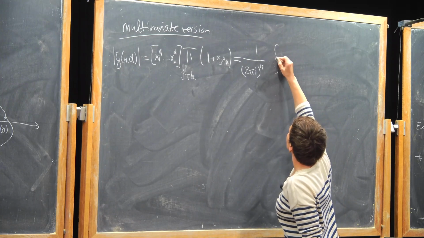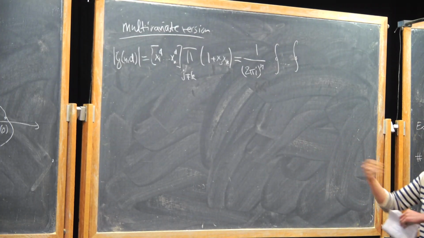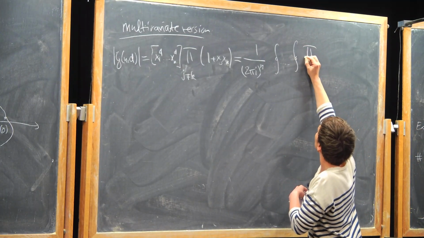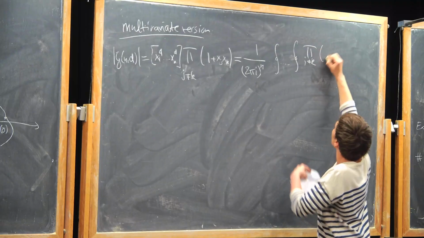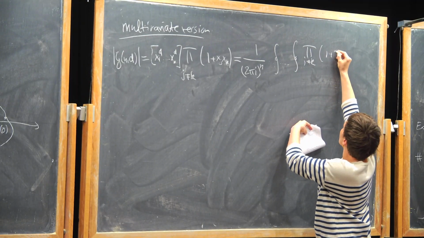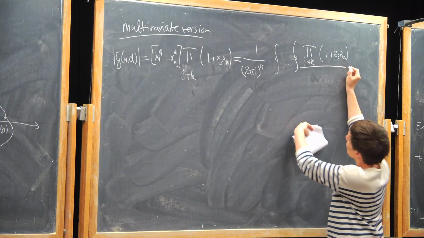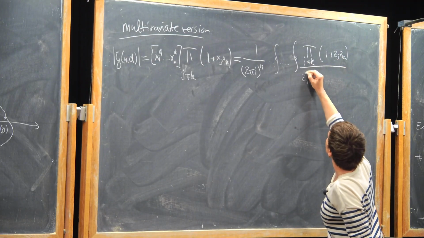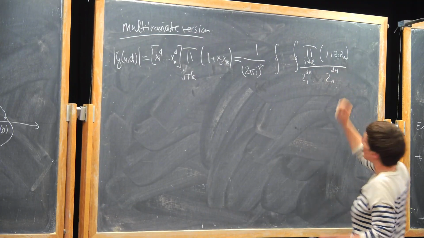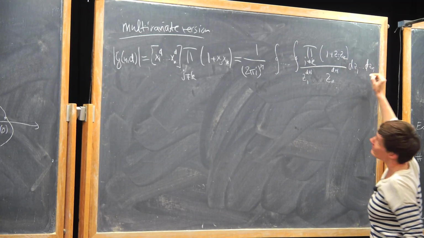And then you take an iterated integral of closed curves around the origin of the following. The product over all j not equal to k, 1 plus zj zk over z1 to the d plus 1 up to zn to the d plus 1, dz1 up to dzn.